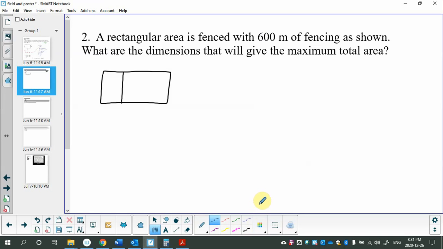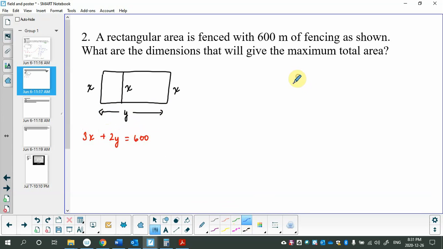It'll take 600 meters to do this. We can let this be x or this be x. Now I'm going to let this be x, which makes this dimension and the one on the top y. I'll tell you why in a second. So I've got 3 x's and 2 y's is equal to the 600 meters of fencing.